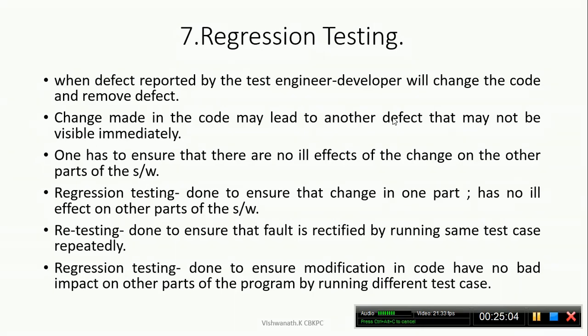The general idea behind regression testing is that if some part of the code has been modified, it may affect another part. When the defect is reported by the test engineer, the developer will change that code and remove the defect. The change made in the code may lead to another defect that may not be visible immediately.